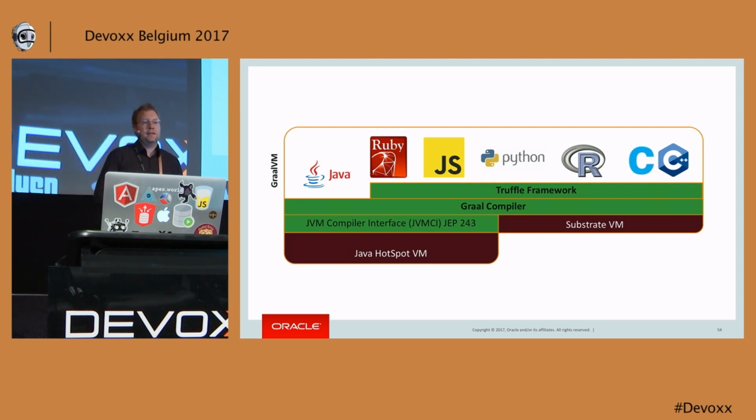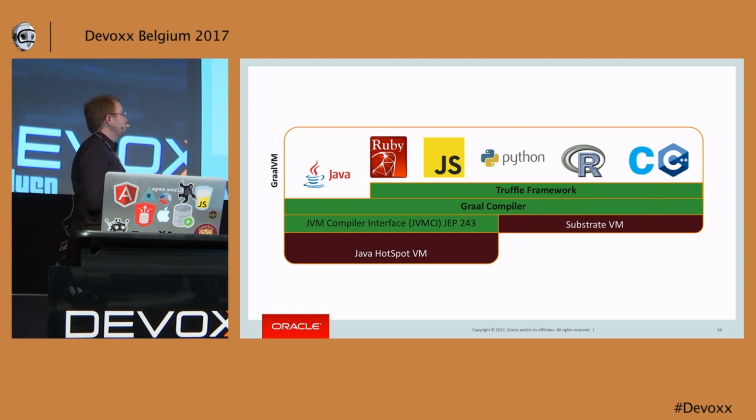Substrate VM is an ahead-of-time compiler, meaning it takes all the Java code it sees, so, for instance, our JavaScript engine and Graal itself, and compiles that ahead of time to native code. That means that we can run our Node.js execution on Substrate VM with actually a better startup than the original Node.js, because we remove all the overhead that Java itself comes with.